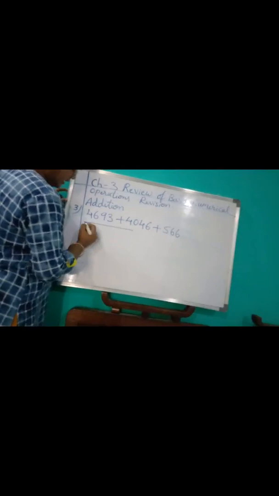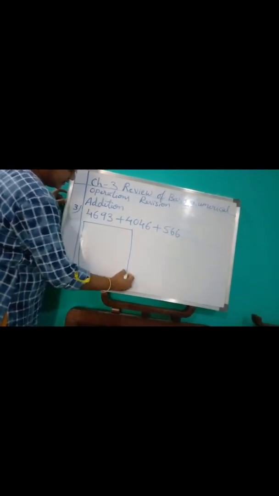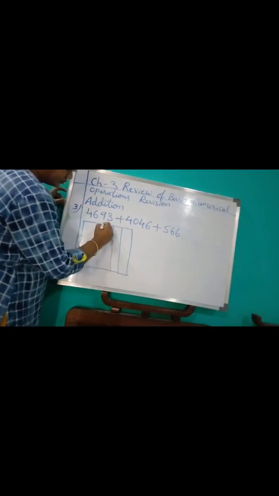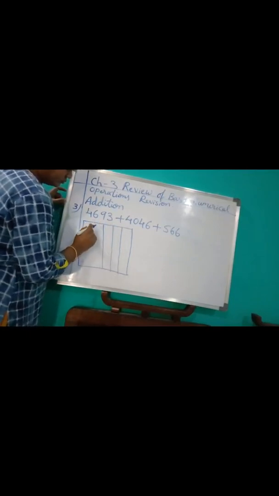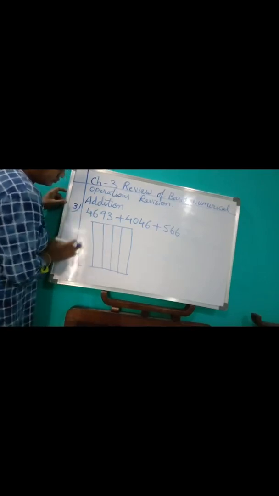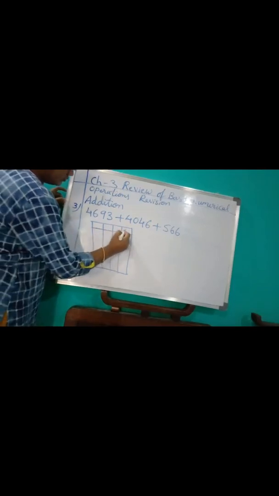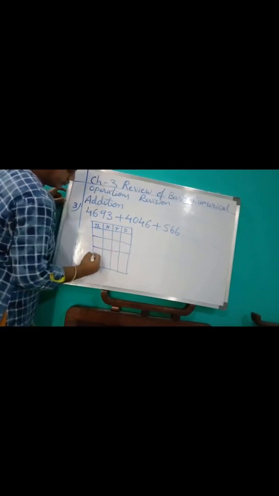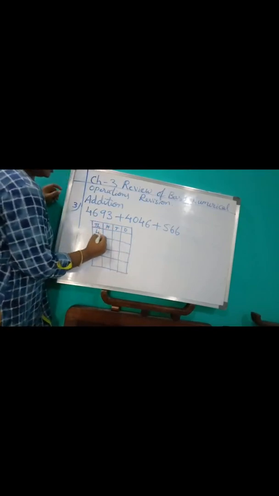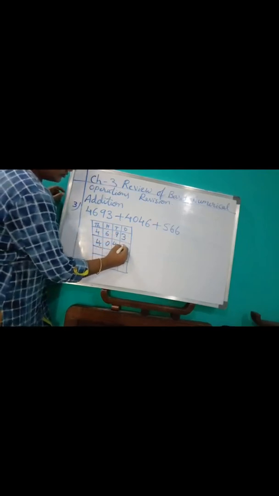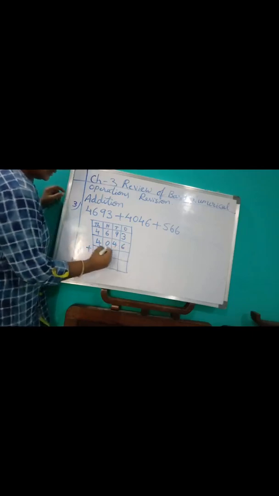You should arrange these numbers in the place value chart, okay? Ones, tens, hundreds, thousands. See, 4,693, 4,446 plus 566.